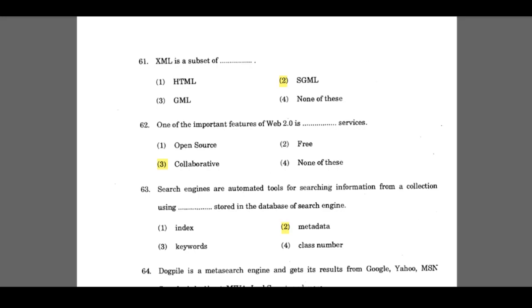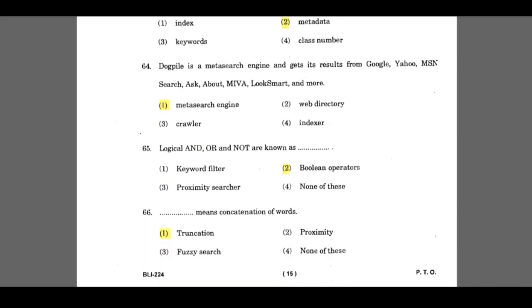62. One of the important features of Web 2.0 is Dash services, collaborative. 63. Search engines are automated tools for searching information from a collection using Dash stored in the database of search engine. Metadata. 64.